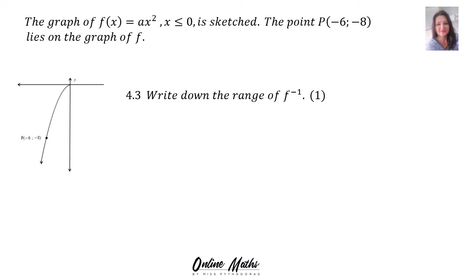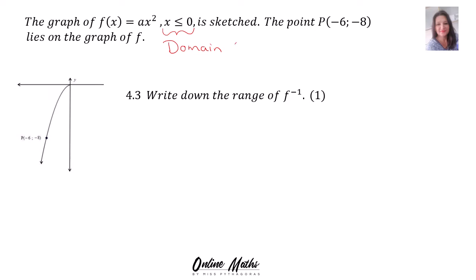4.3, write down the range of the inverse. Now we find that answer here. This was given as x is smaller than or equal to 0. This in fact is the domain of our function.